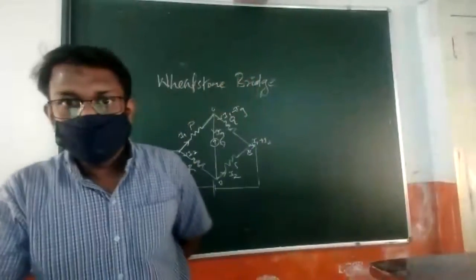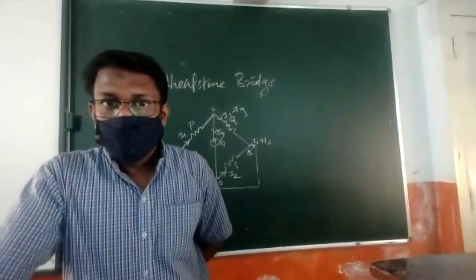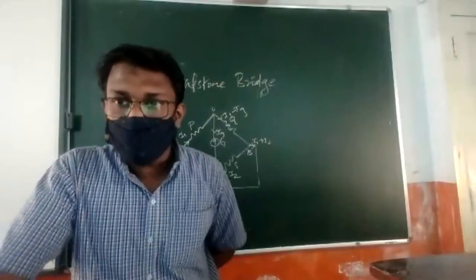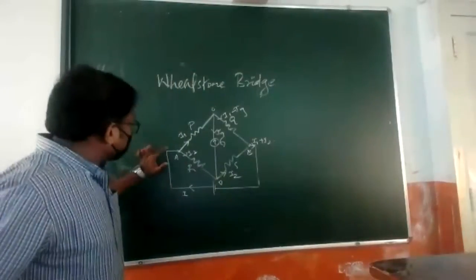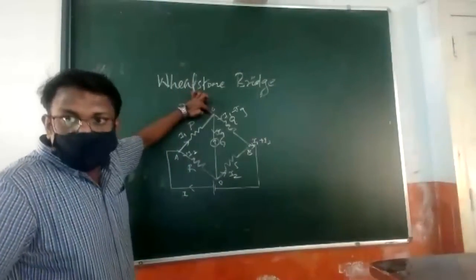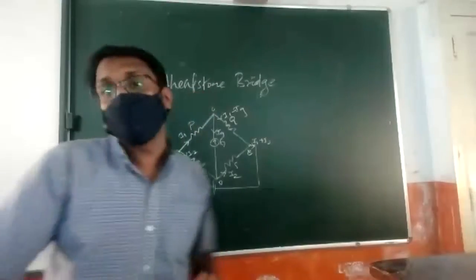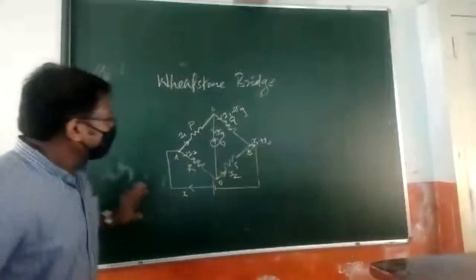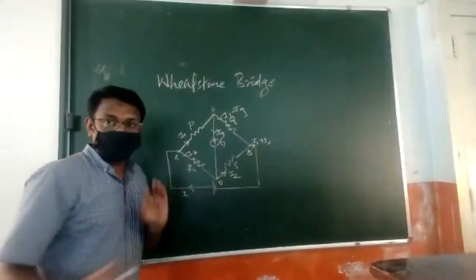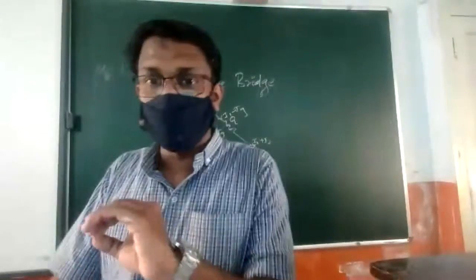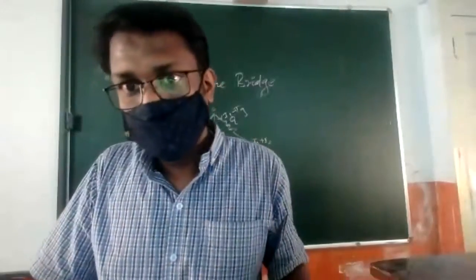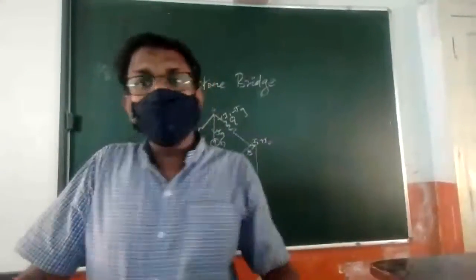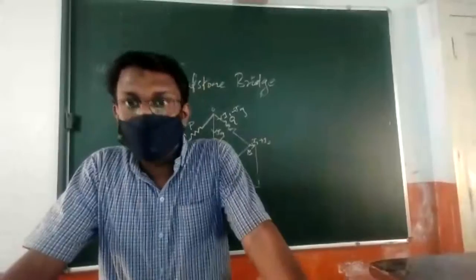Are you getting that? That is a general condition. Whenever current meets at a junction, there is a chance of splitting of that current. But here we can decide whether you want current through the galvanometer or not.